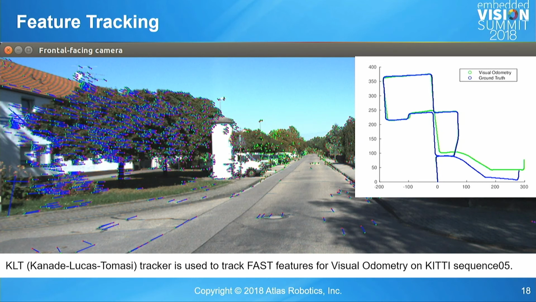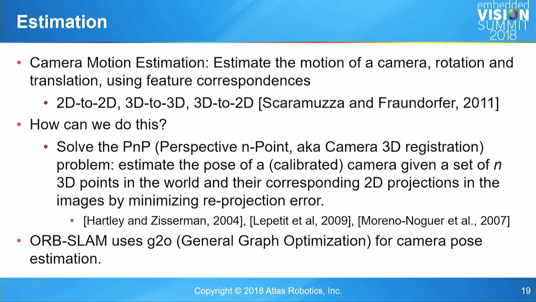I think I have to hurry up a little bit. Once you have picture tracking and the correspondence of pictures between the previous image and the current image, that gives you a bunch of cues about how your motion evolved.